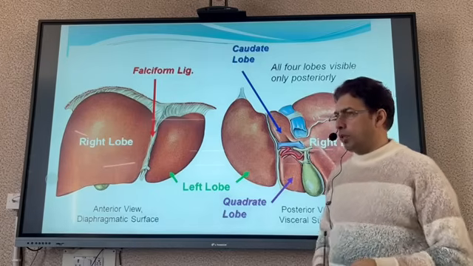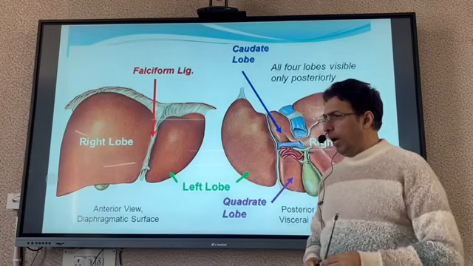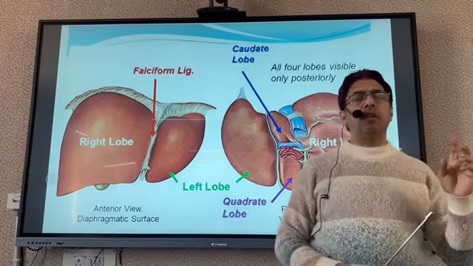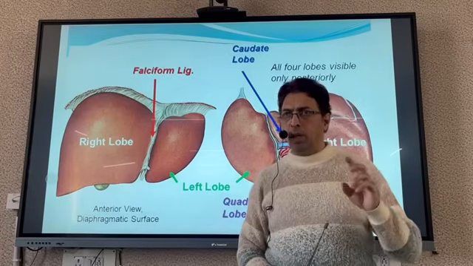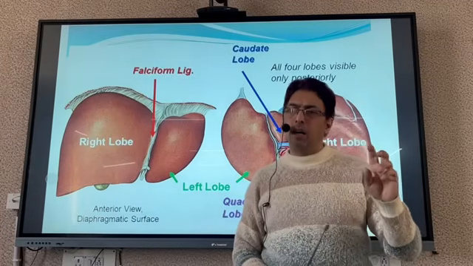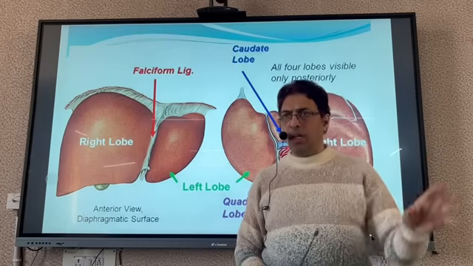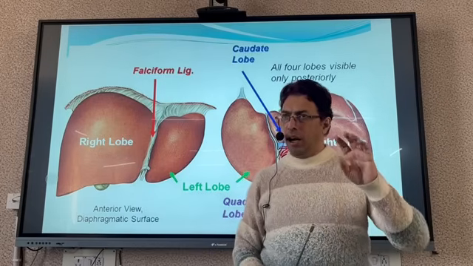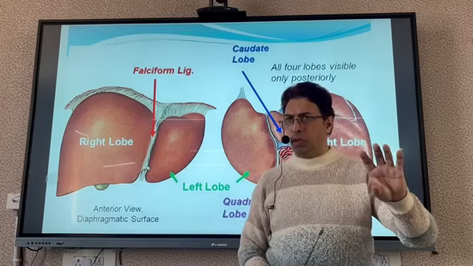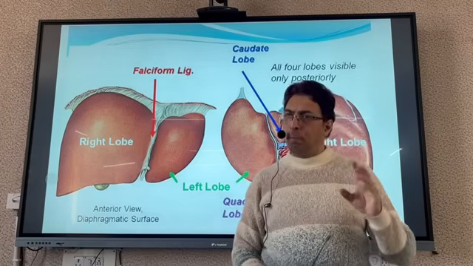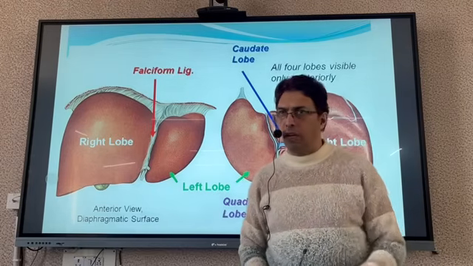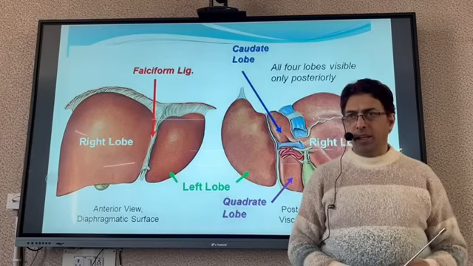Now, as far as the lymphatics of the liver are concerned, we have the hepatic group of lymph nodes scattered around the hilum of the liver and various other groups of lymph nodes. But important in the liver is that the vascularity predominates over the lymphatics.